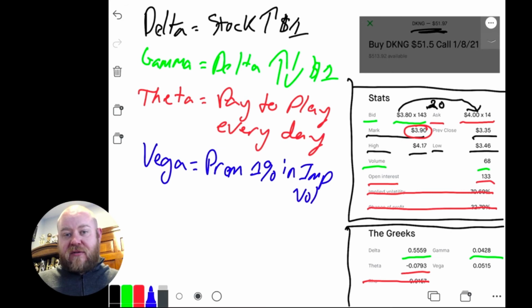As implied volatility goes up 1%, your premium is going to go up $5.15, or 5.15 cents per share, $5.15 for the 100 shares. That's why I mentioned in the previous video how implied volatility is so good for options. If implied volatility goes from 50% to 51%, your premium goes up $5.15. You've made $5.15. Inversely, if the implied volatility goes down 1%, then your premium is going to go down $5.15.